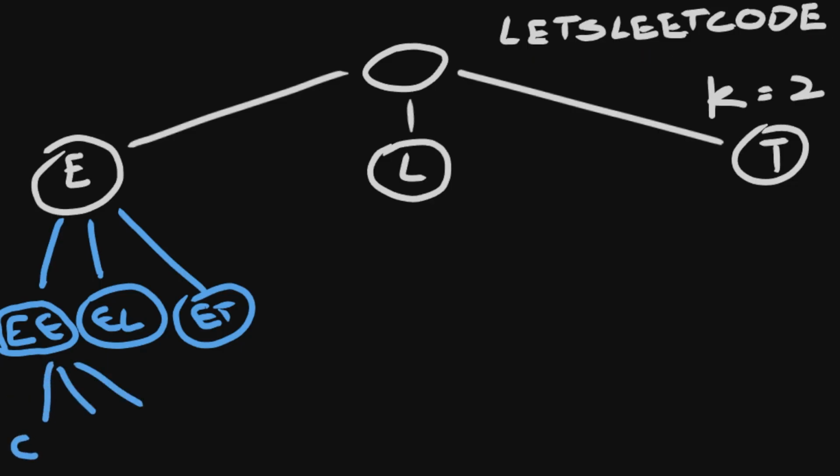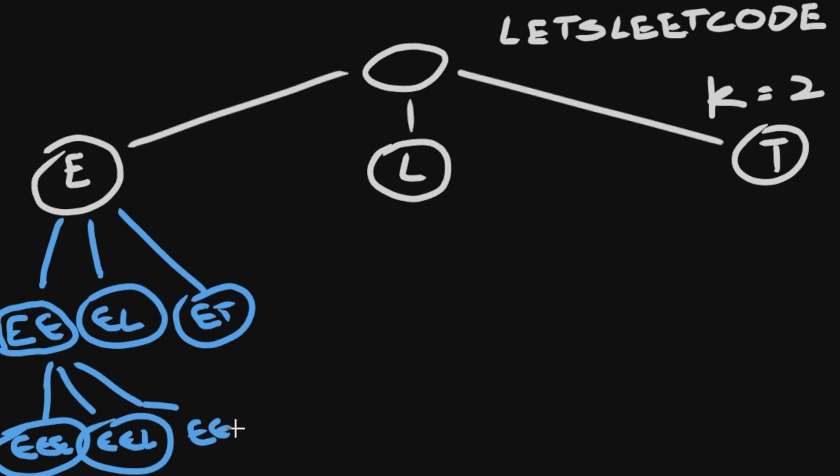So here we have E. Here we have EL, and here we have EET. So for example, if we take this, we are looking for 6 E's, and here we only have 1, 2, 3, 4. So we don't have this subsequence.